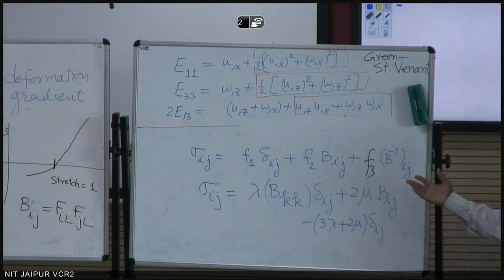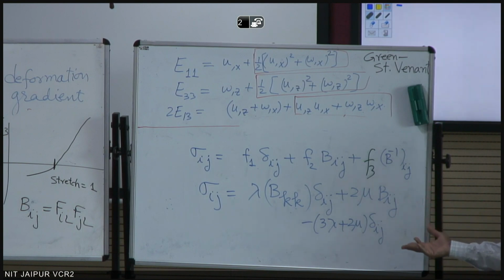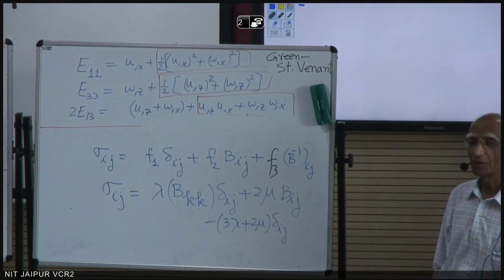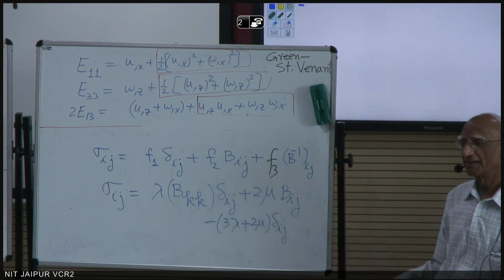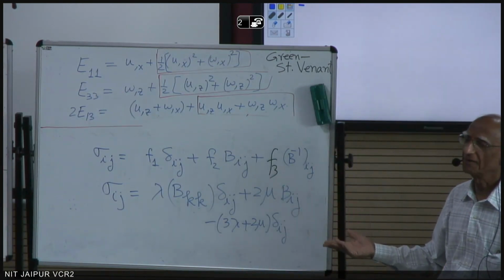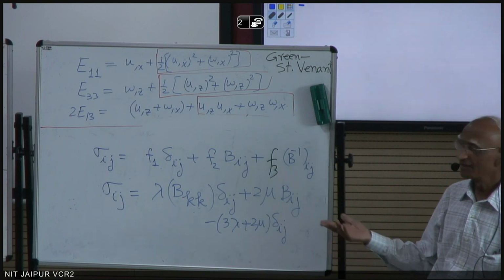I cannot give you the values of F1, F2, F3 either. You will ask what their interpretations are. I have to derive those. So it's a long story. We could talk about this the whole day, but that is not what we want to do.